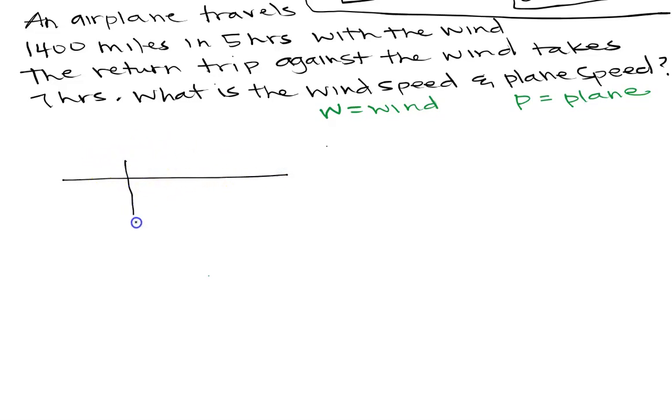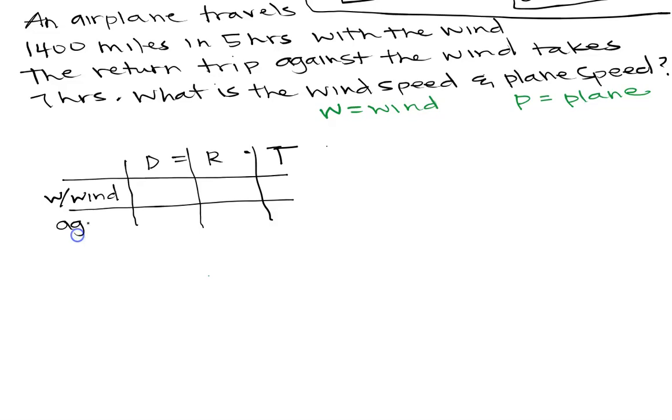So we can tell that this is a distance equals rate times time problem because they're giving us information about distance, rates, and times. All right, and so that's what's standing out to me there. So distance equals rate times time. Now it's also giving me information about what's happening with the wind and what's happening against the wind.